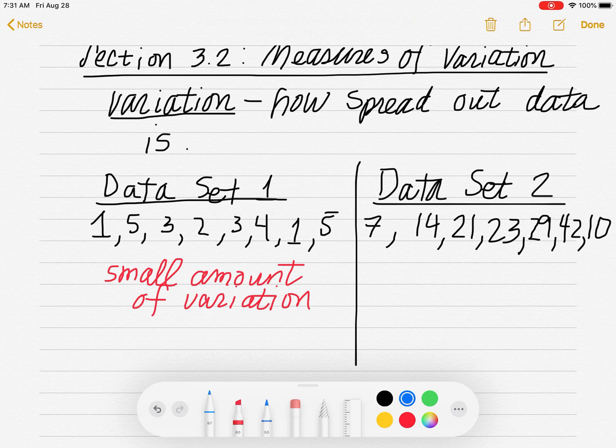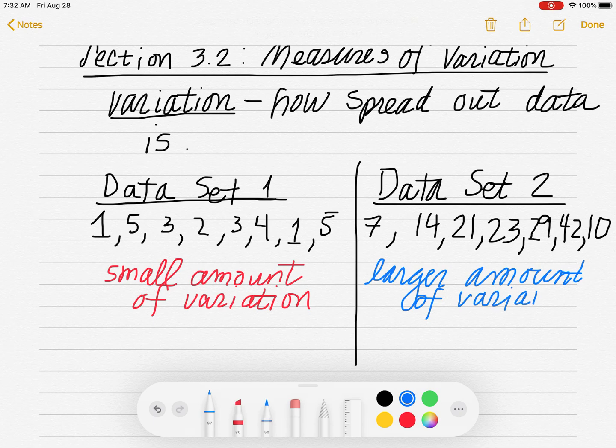We have a small number 7, we have a larger number 14. It goes all the way up to 42, the largest number, so there's a larger amount. I wouldn't say a large amount, but a larger amount of variety or variation. So variation is just referring to variety, so spread out.